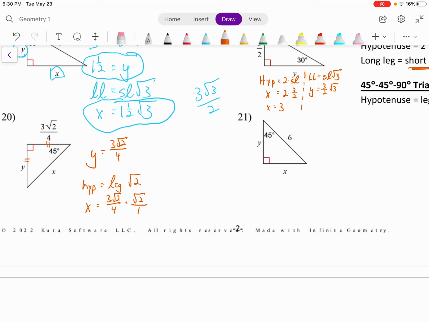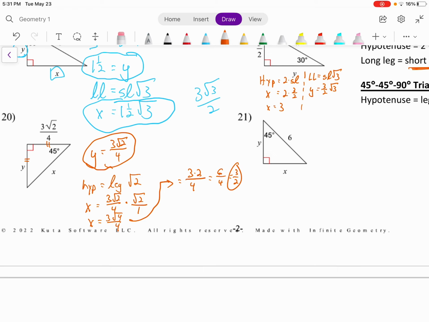Well, we can simply put this over 1, and we get 3 times the square root of 4 over 4. However, what's the square root of 4? That's just 2, so 3 times 2 over 4, we get 6/4, which is 3/2. So x equals 3/2, y equals 3 root 2 over 4.